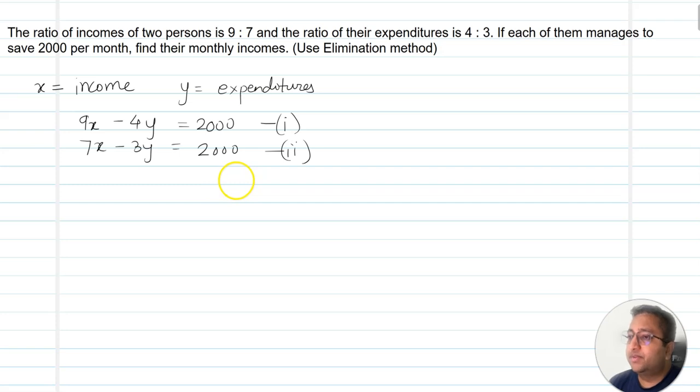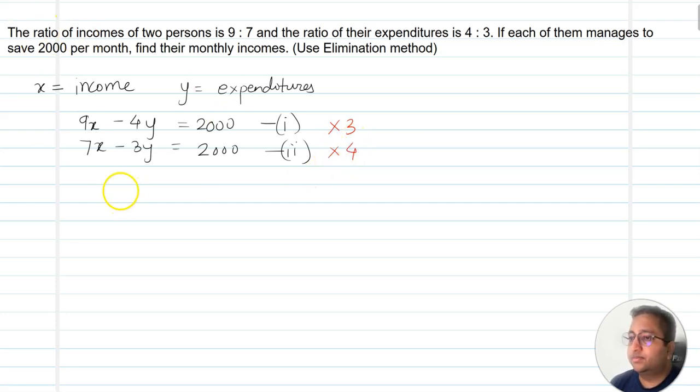For example, in the given problem, if I consider the variable y, its coefficient in the first equation is -4 and its coefficient in the second equation is -3. So I have to bring a common coefficient of y in both the equations. How can I do that? I can just multiply equation 1 by 3 and equation 2 by 4.